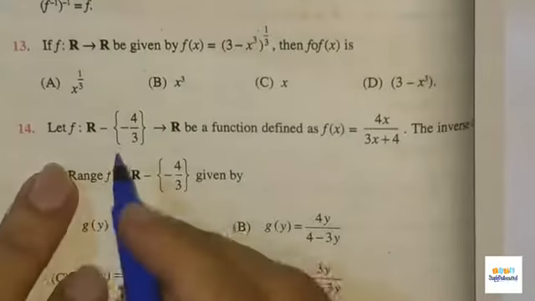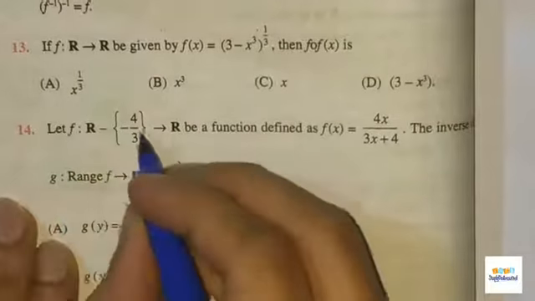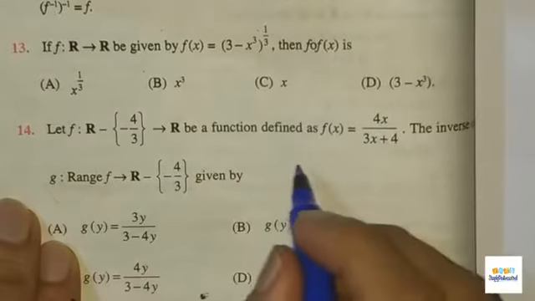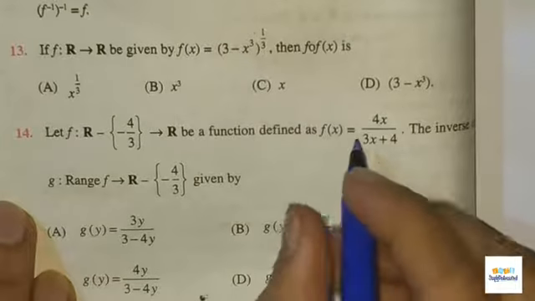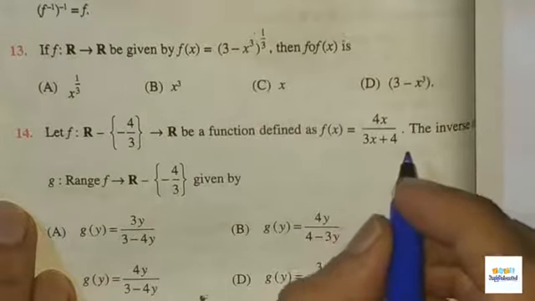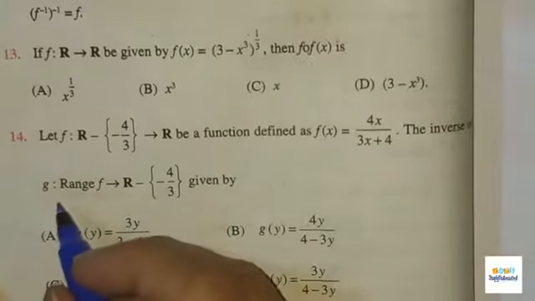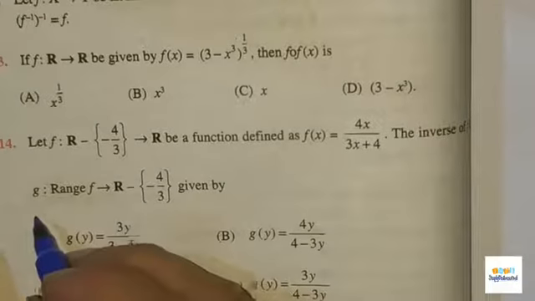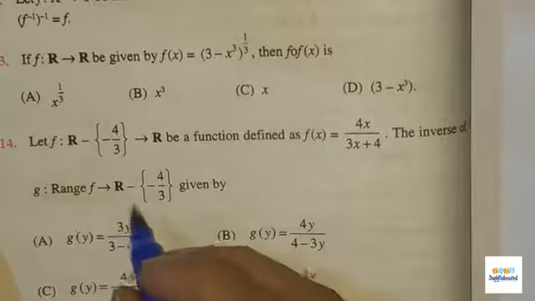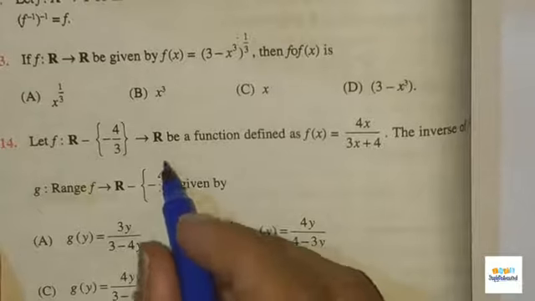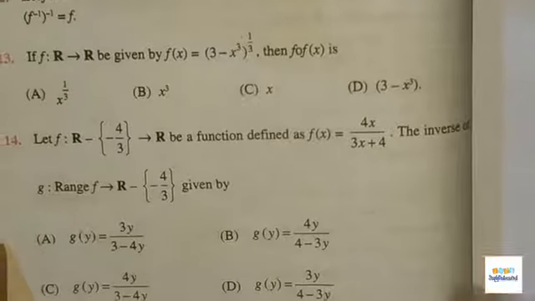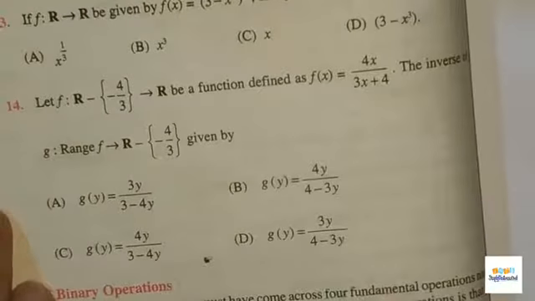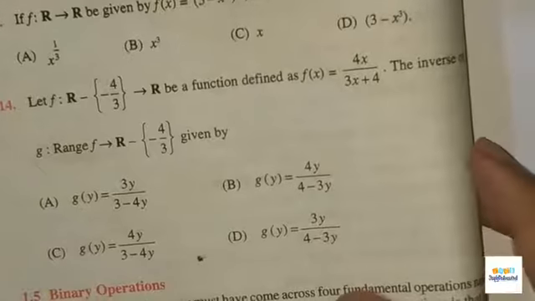Let f from R minus the set {-4/3} to R be a function defined as f(x) equal to 4x divided by 3x plus 4. The inverse of f is the map, that is nothing but the function, g from the range of f to R minus the set {-4/3}, given by all these options. You have to select one correct option.